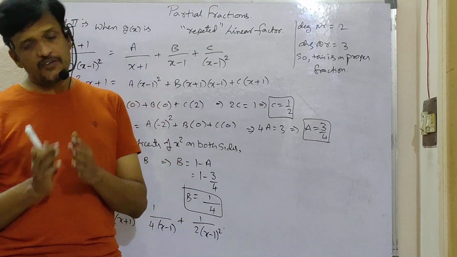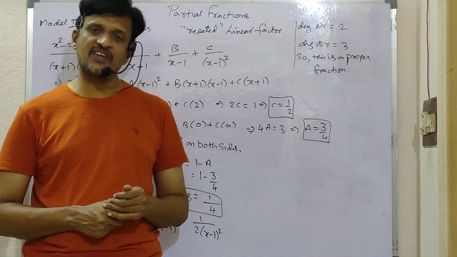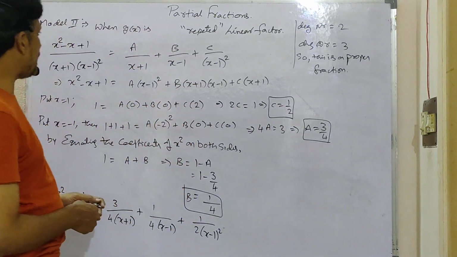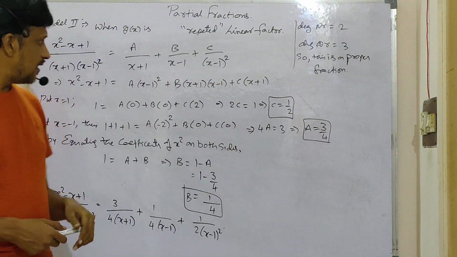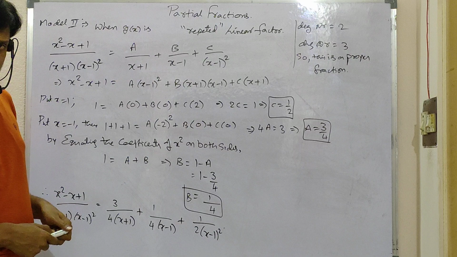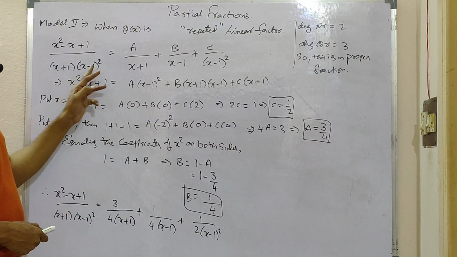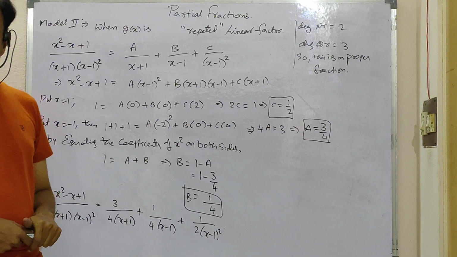Then corresponding to every linear factor of the form ax plus b, you will get one partial fraction. And in the second model, it has linear factors only, but they are repeated. And here one non-repeated and one repeated linear factor are given. So corresponding to each, you will get one partial fraction. Find the values of A, B, C.